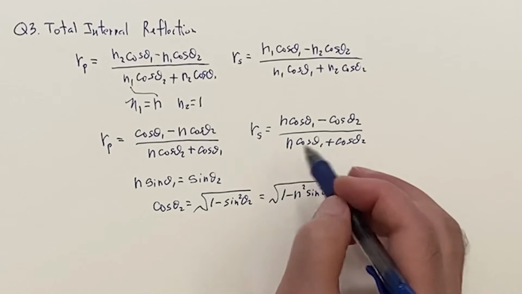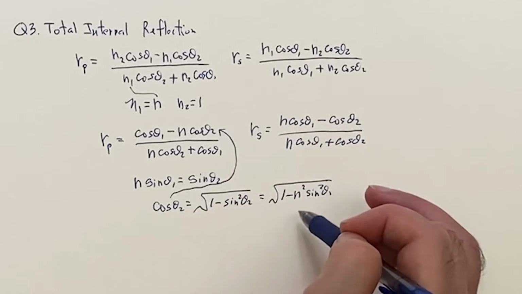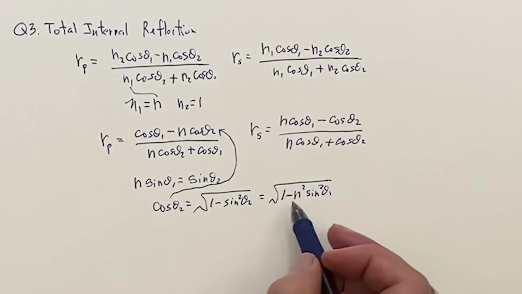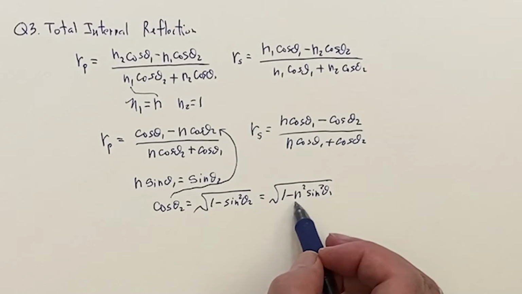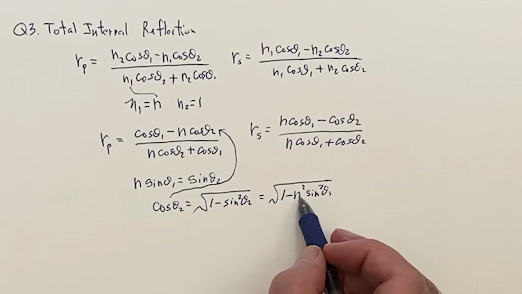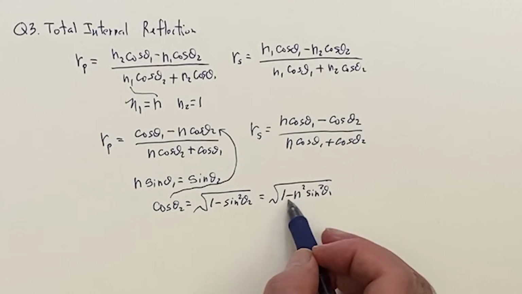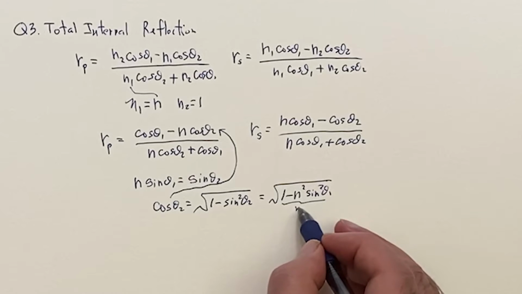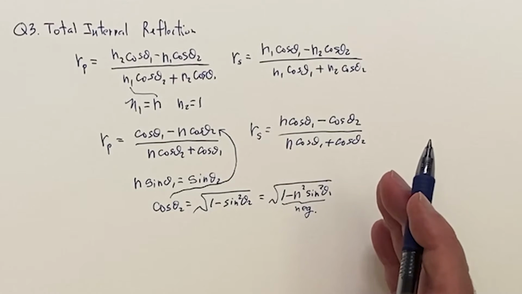Now, the problem here that you can see immediately is when the cosine of theta 2 goes imaginary, in other words, when the inside of this square root goes negative. This can go negative because that n is greater than 1, and that can conspire to get you a negative. So when this goes negative, we're in trouble, and the square root is going to go imaginary.